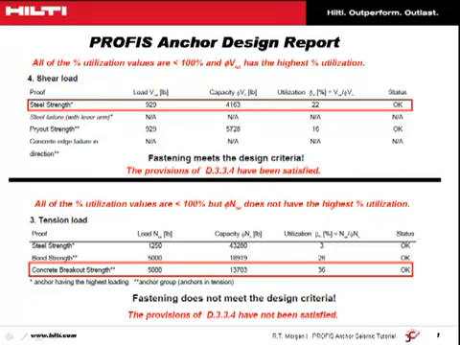The provisions of D.3.3.4 have not been satisfied because the design steel strength is not the controlling design strength for the application. Therefore, the design report will indicate that the fastening does not meet the design criteria because the provisions of D.3.3.4 have not been satisfied.